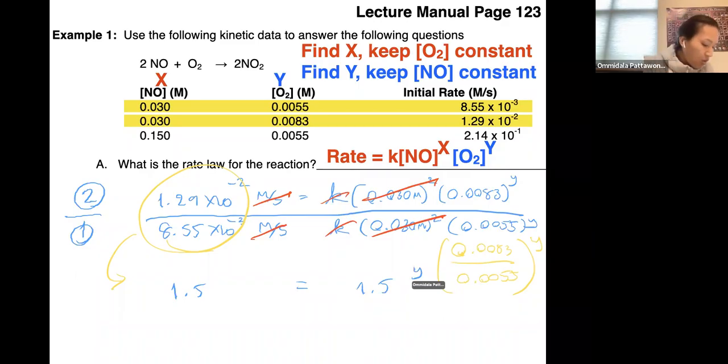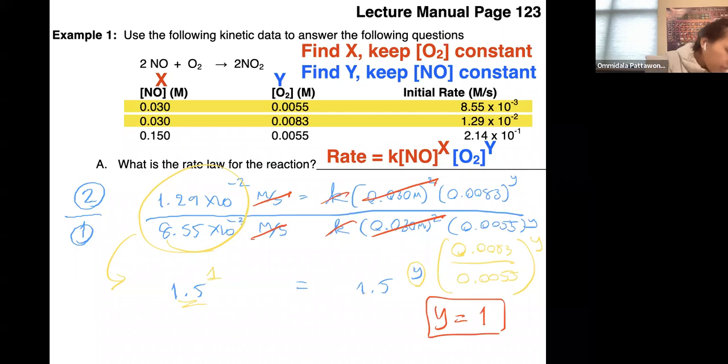What should the exponent be so that 1.5 raised to it is equal to itself? The answer is 1, right? So 1.5 raised to 1 is equal to itself, so that means y would equal 1.